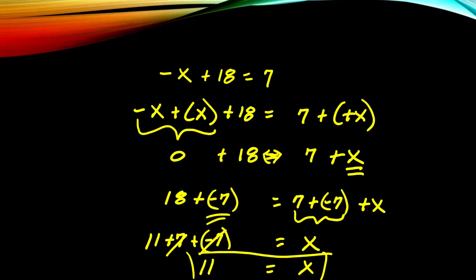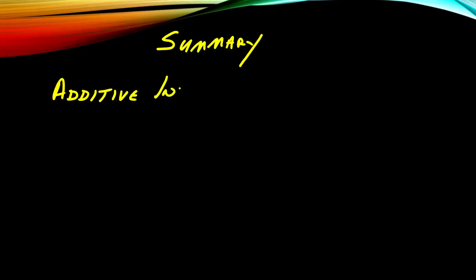So let's review for a second. Summarize what we've seen. We introduced something called the additive inverse. And the general expression for that was some number A, any number A, add the opposite, and that equals 0.